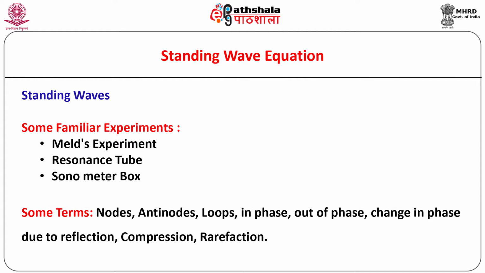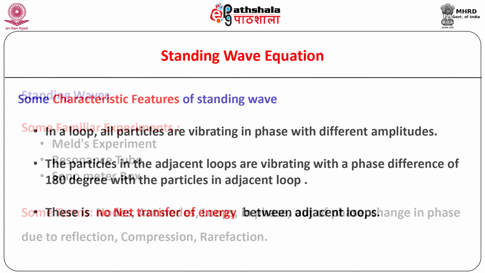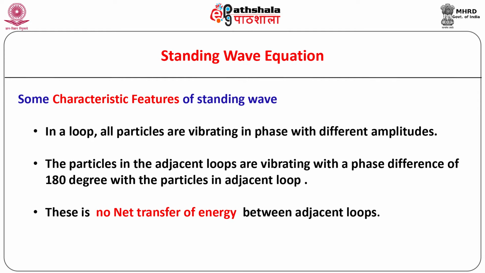One will definitely be reminded of the terms loop, node, antinode, etc. In a loop, all particles are vibrating in phase with each other but with different amplitudes, while all particles in the adjacent loops are also vibrating in phase with each other but with a phase difference of 180 degrees with the particles in the adjacent loop.